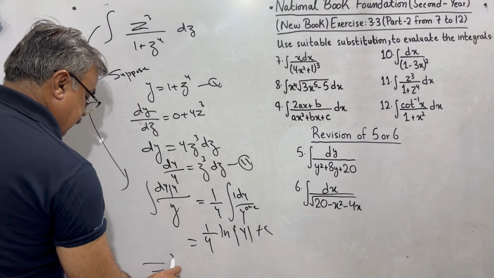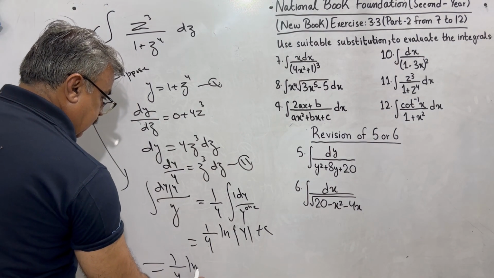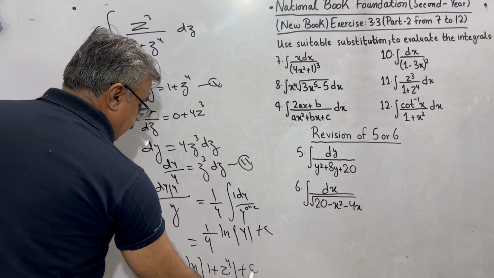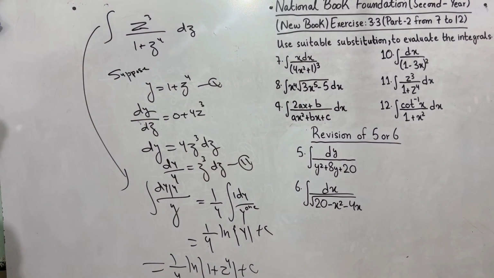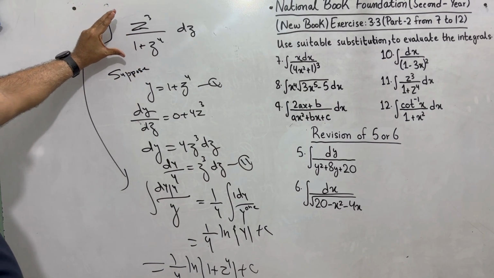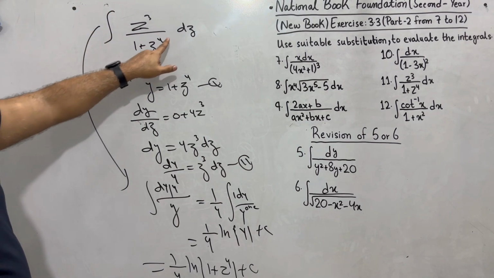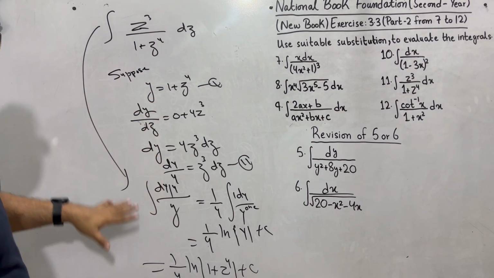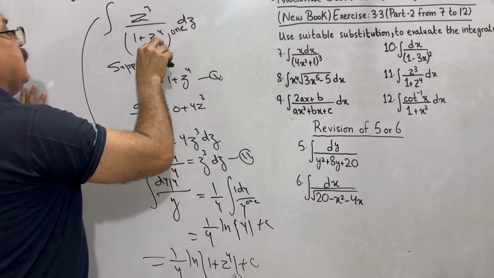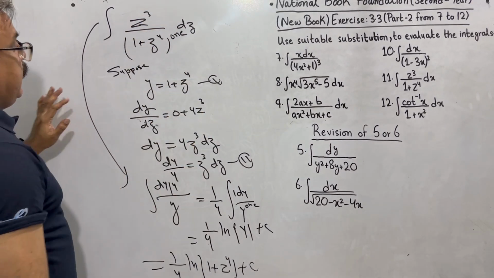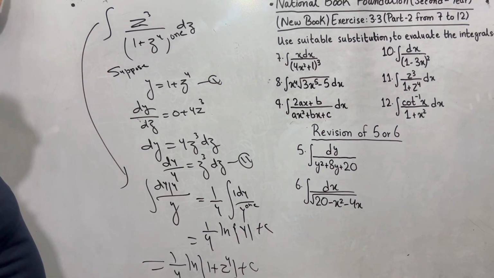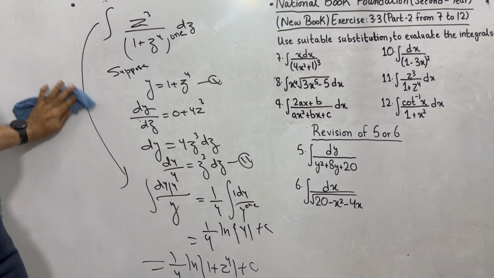That is our 1 over 4 ln of 1 plus z power 4 plus c is our answer. Function derivative with the deficiency of a constant 4, divide and multiply, overall power 1, I have written for you. Function derivative, add 1 to the power of the function after compensating the deficiency of 4 by dividing and multiplying. That we did directly earlier.